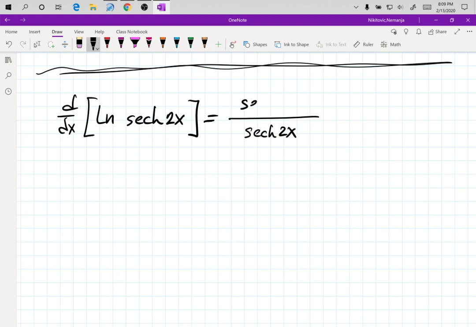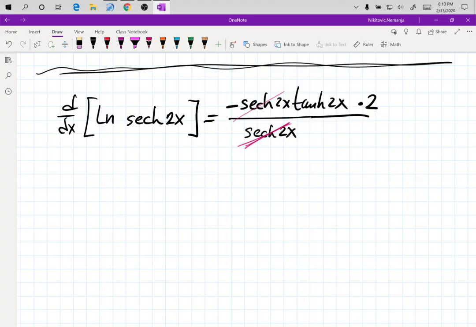So we have secant hyperbolic 2x, tangent hyperbolic 2x, and times 2, a chain rule. Is it negative? Negative, yes. Thank you. These guys cancel. Very good. I really canceled that one. And you get negative 2 tangent 2x.